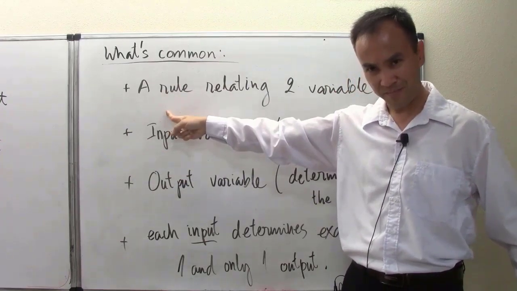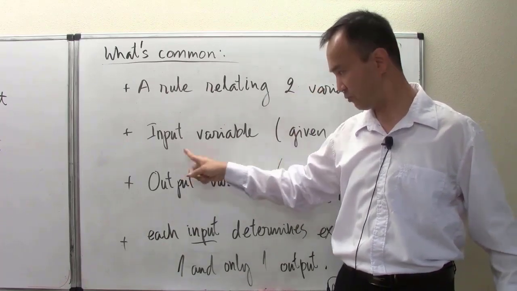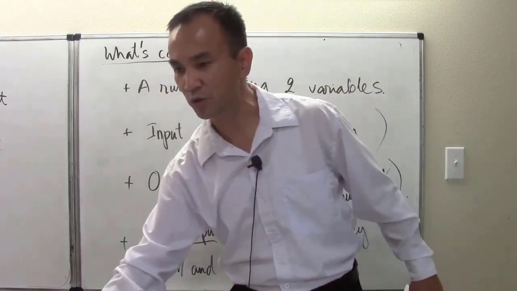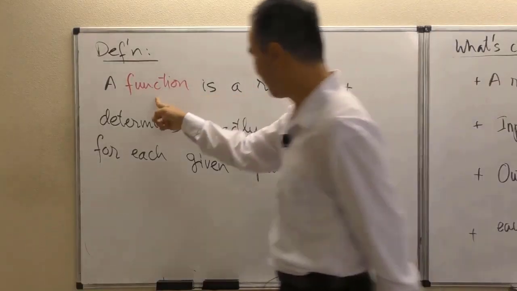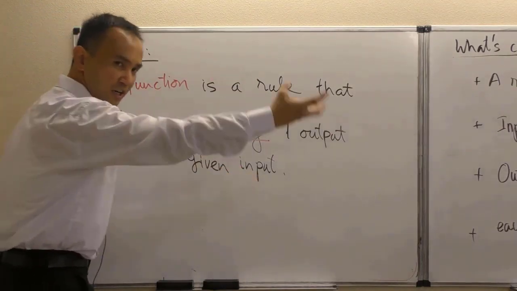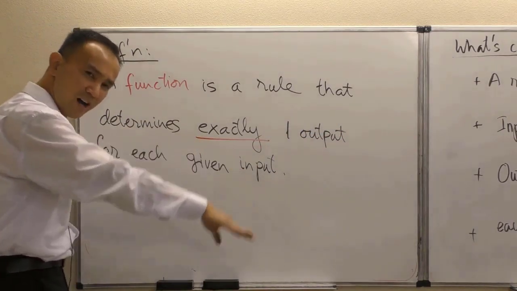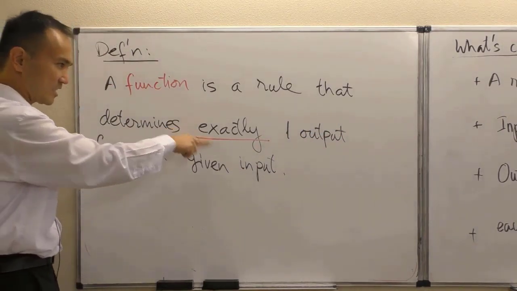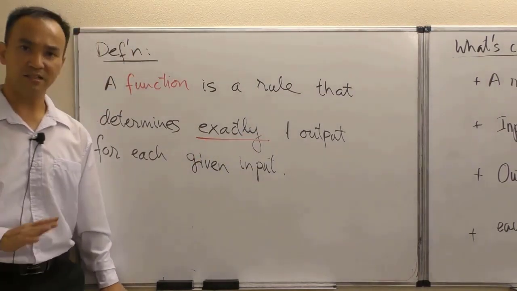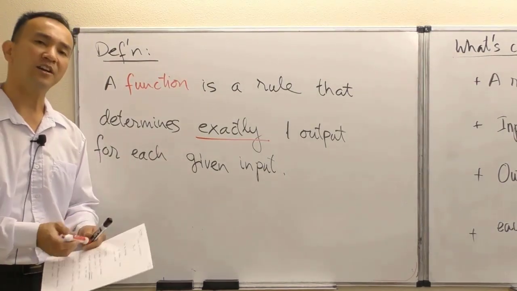That rule will be relating two variables. One of them we call inputs, the other one we call outputs. A function is a rule that takes the inputs and determines the outputs. But here's the requirement, the bottom one on my other list: exactly one output for each given input. That's how we define what a function is, in one sentence.